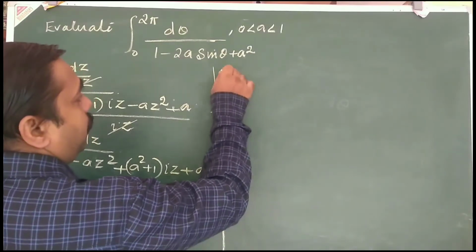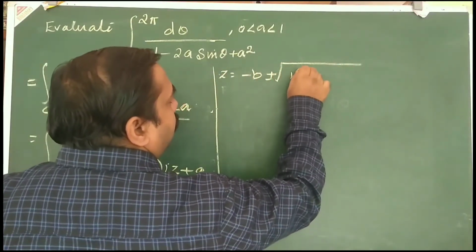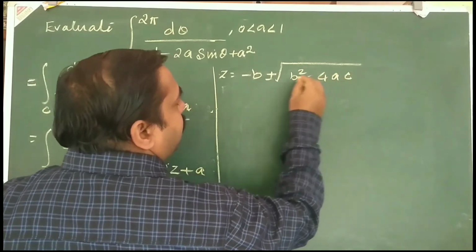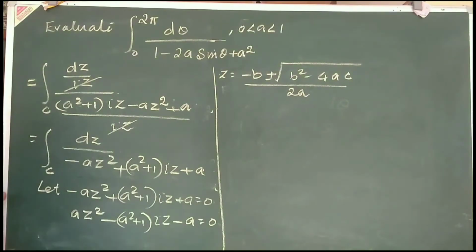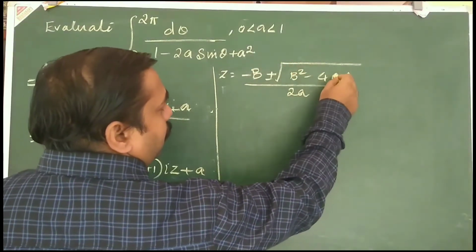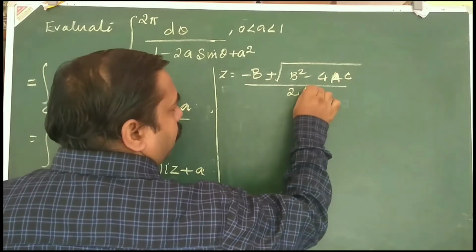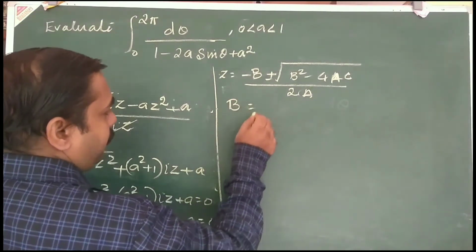So z is equal to minus b plus or minus root of b square minus 4ac whole divided by 2a. So here capital A is equal to, here we take capital letters because small letters are there. So here b is equal to, what is b?